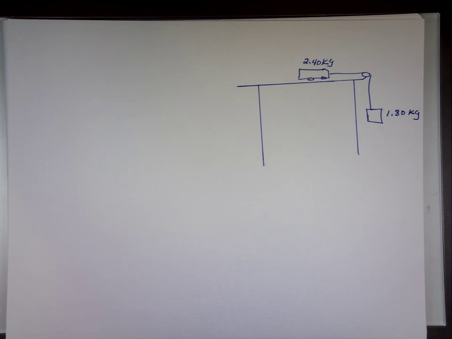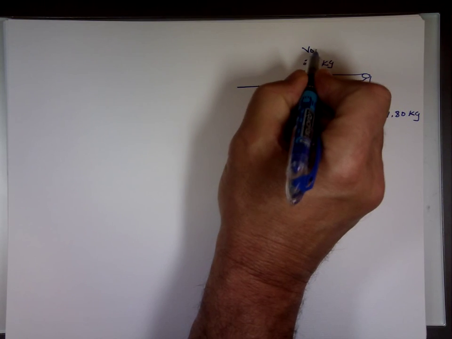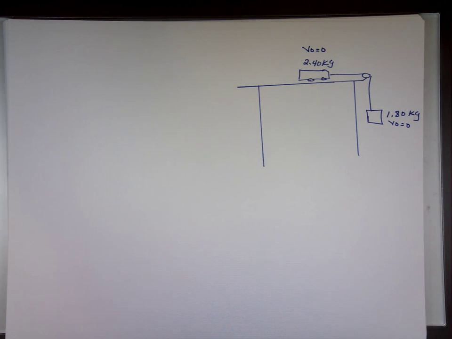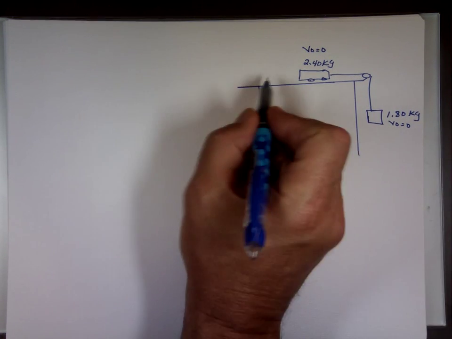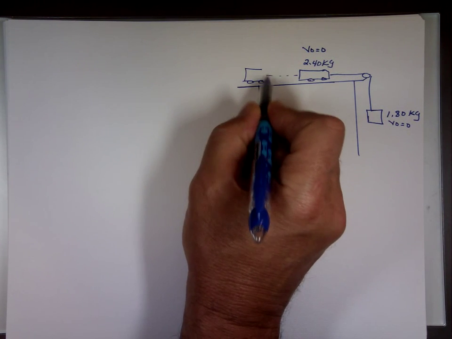When the blocks are released from rest, what does that mean? What's your initial velocity here? 0. What's your initial velocity here? 0. Nothing was moving. They moved through a distance of 0.5 meter. So basically this one dropped. Initially, this was right here, and it moved that way, and this one moved down here.